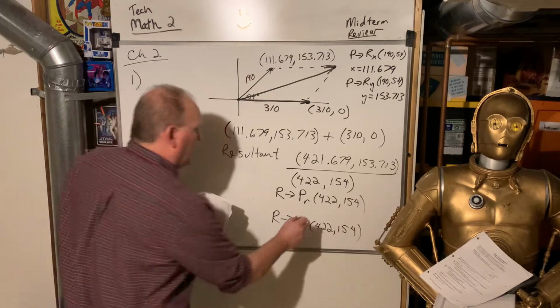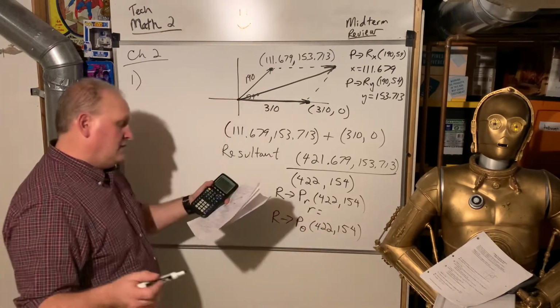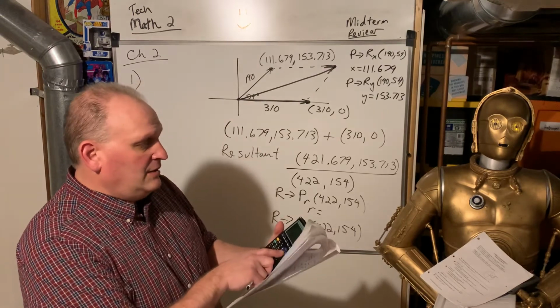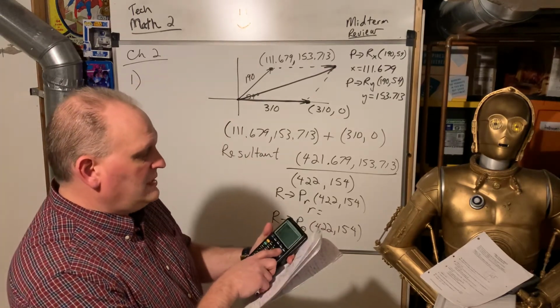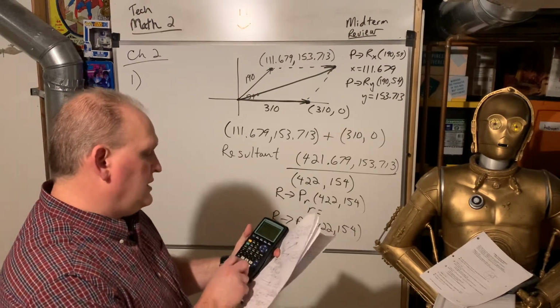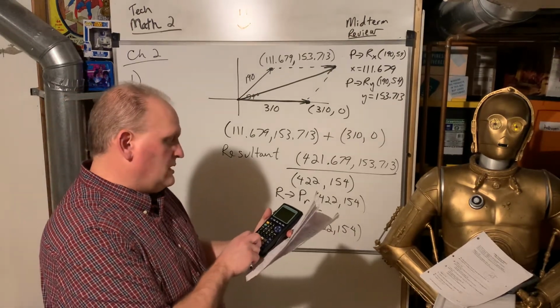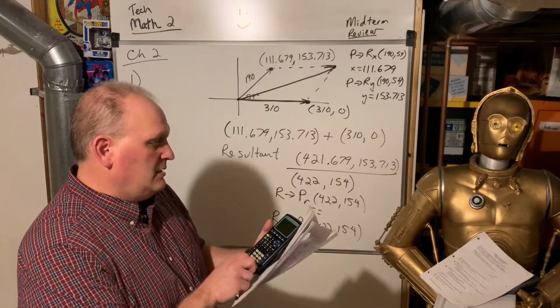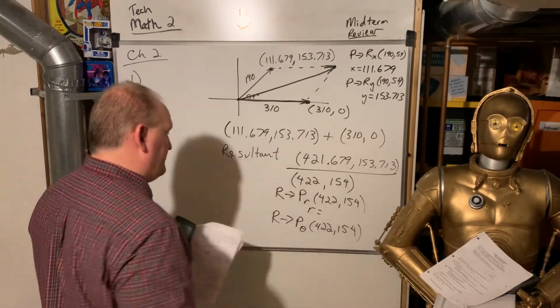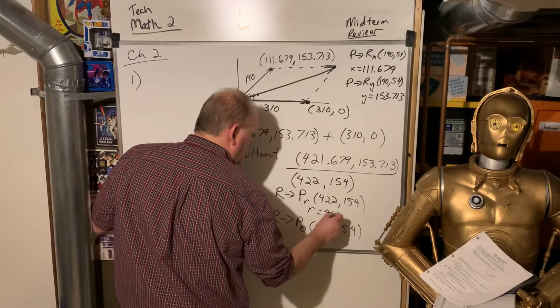And so r is equal to, you tick that into your calculator again, that second angle. We go down, down, down until you see rectangular to polar r. Hit enter, 422, comma 154. And that's 449.22, so we'll call it 449 units.